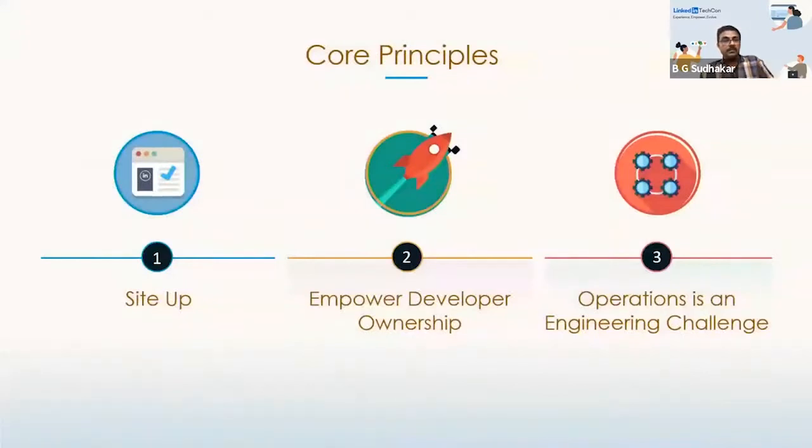So a little bit about some of the core principles we follow in site engineering. Site up for us is foundational. And it's really quite simple if you think about it. If the site isn't up and functioning for our members and customers, we don't really have a business. In addition, it takes a village, as they say, to run complex production systems.